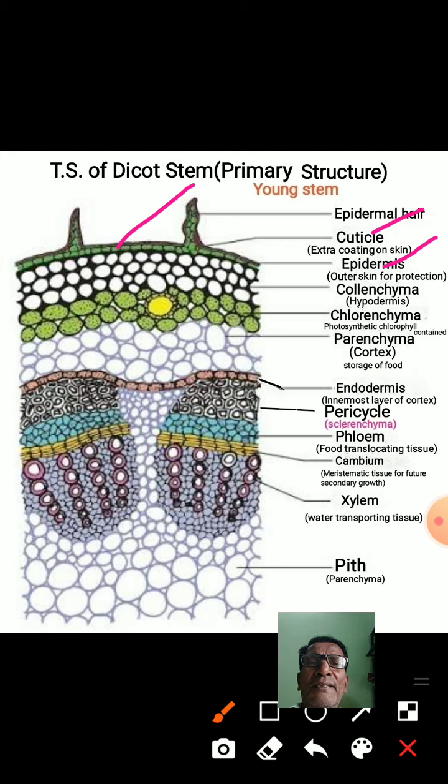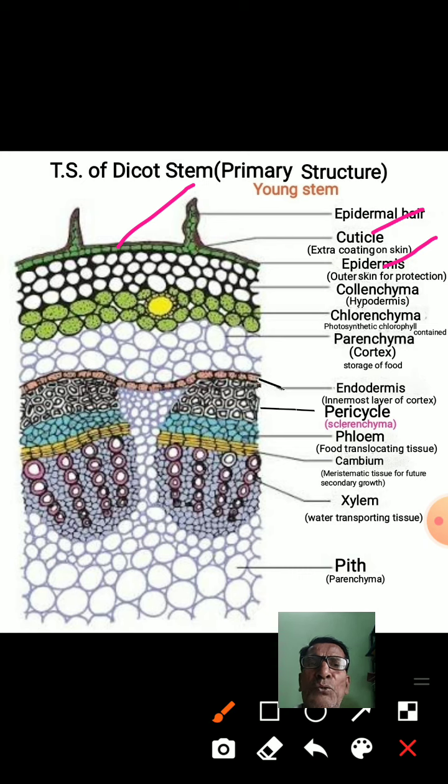For example, the epidermis has epidermal hairs, just as the skin of our head and hand has hairs. The hairs are meant for protection from mechanical injuries. Just as our hairs, the stem also shows epidermal hairs. These hairs protect the plant body from grazing and browsing animals.